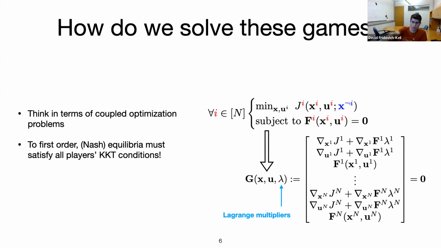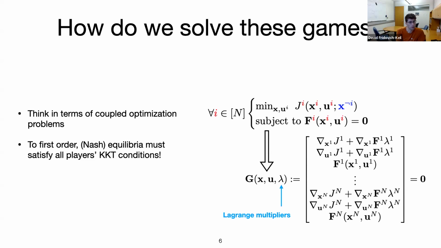But the first 2 rows, I'm taking the gradient of player 1's Lagrangian with respect to player 1's states, and then with respect to player 1's actions. Those are the first 2 rows. The third row is basically saying player 1's constraints should be satisfied. And then I'm doing the same thing for all the players.